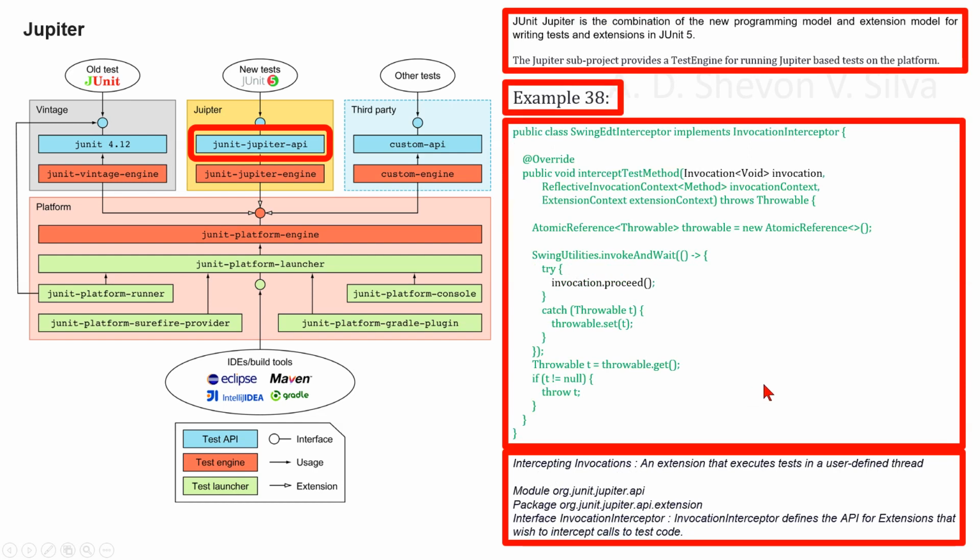Now we are considering intercepting invocations, an extension that executes tests in a user-defined thread. The interface InvocationInterceptor in package org.junit.jupiter.api.extension in module org.junit.jupiter.api defines the API for extensions that wish to intercept calls to the test code.